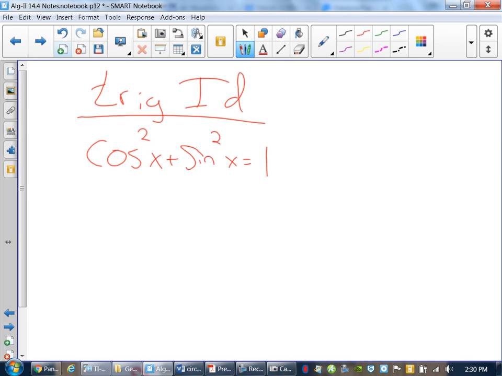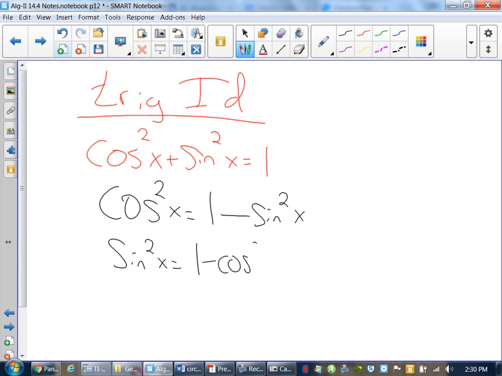Which means I can manipulate that equation to get cosine squared by itself or sine squared by itself. If I wanted to get cosine squared by itself, cosine squared of x would equal 1 minus sine squared, or sine squared is 1 minus cosine squared.